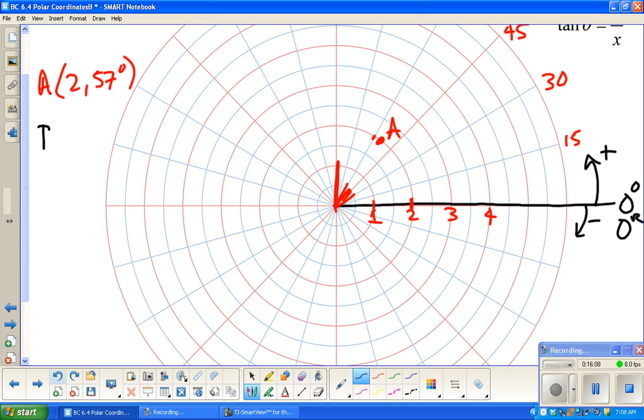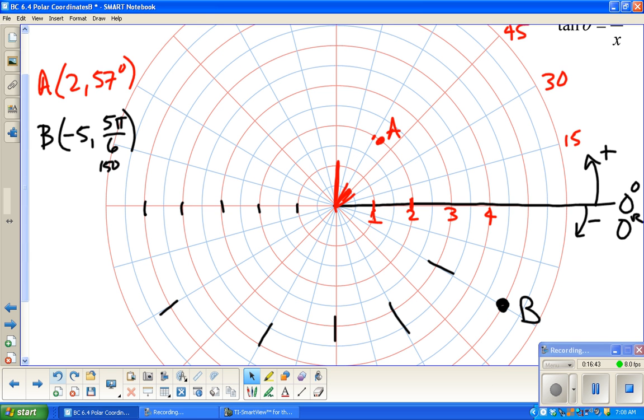If I did, let's say B is at -5, 5 pi over 6. I'm going to do this 2 different ways. So -5 would be 1, 2, 3, 4, 5. And then 5 pi over 6, if you recall, is 150, 5 times 30. So here's 30, 60, 90, 120, 150, and I'm supposed to be right here.